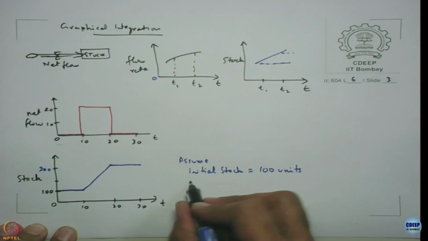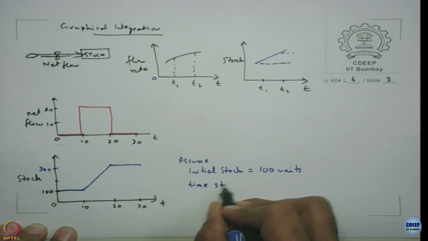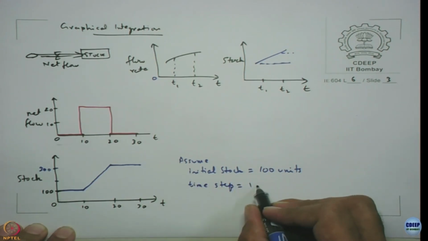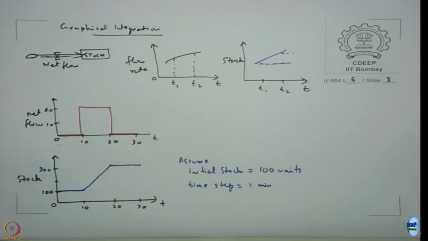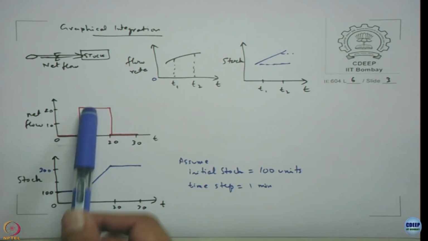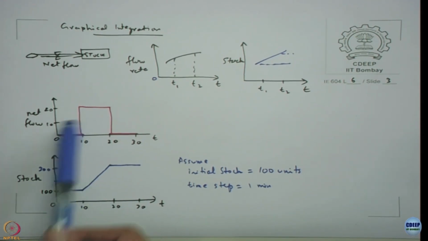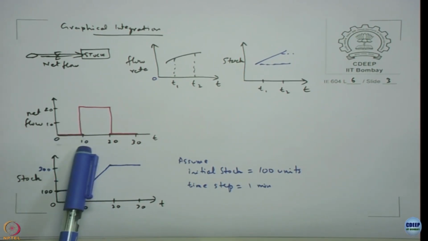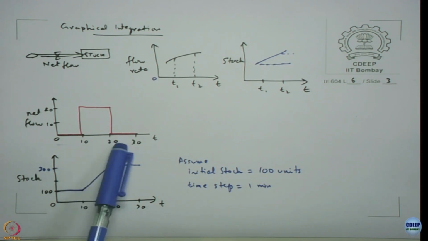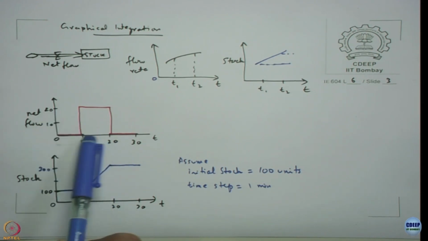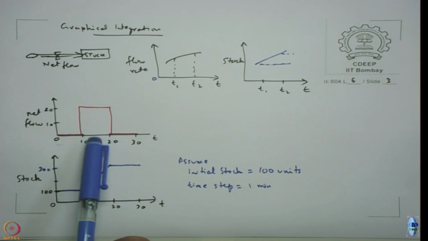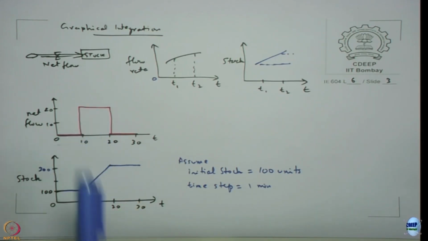You can assume a time step of, say, 1 minute, assuming time is in minutes. So it's quite easy. Every minute I am adding 20 units into the system, right. From time 10 to time 11 I have added 20 units, at time 12 I have added another 20 units.